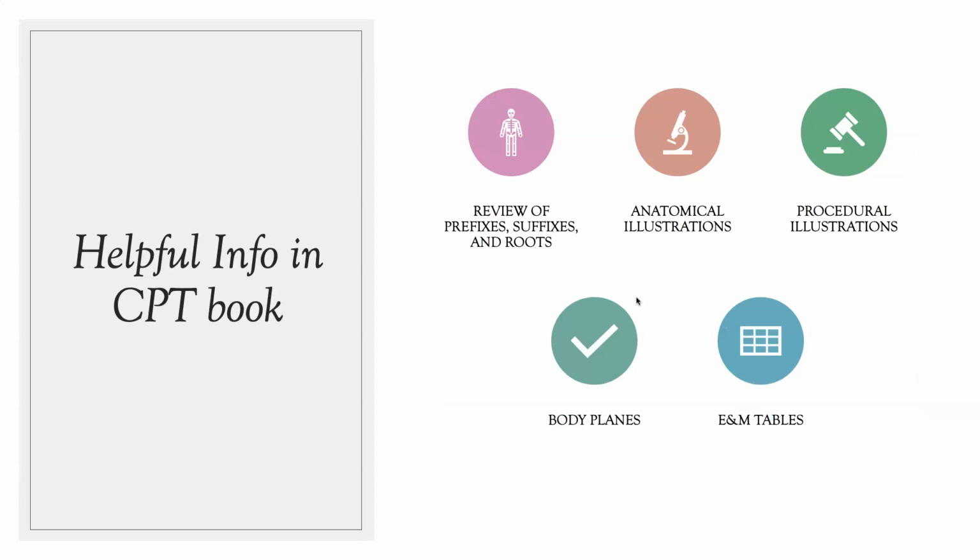All right, helpful info in the CPT book. Why do you need to know what's in the CPT book? Because it could be helpful. There is review of prefixes, suffixes, and roots. That old medical terminology class will come back to get you. So if you're stuck and you're not sure, you can go and review those. There are lots of anatomical illustrations. There are procedural illustrations, because maybe you're not sure exactly what's gone into that procedure. There's illustrations that help you see that, or help you query a physician to say, was it this, was it that?